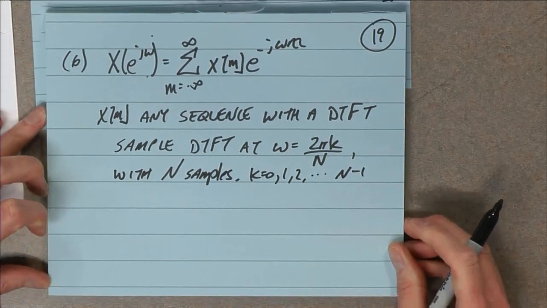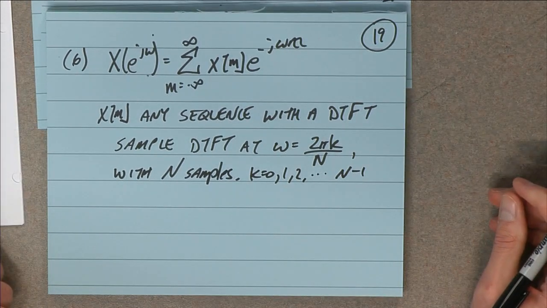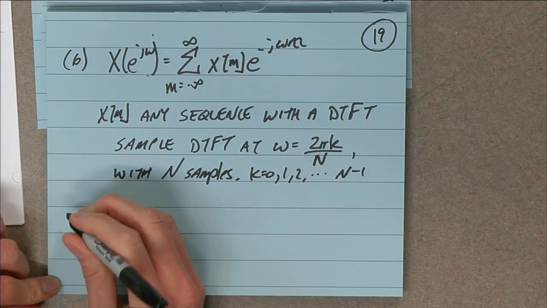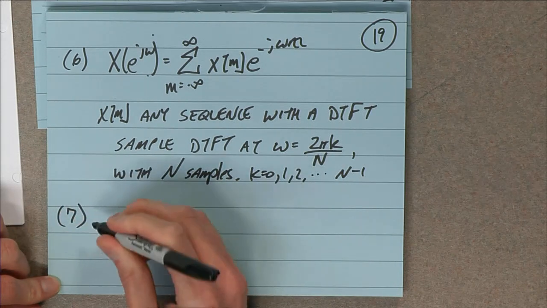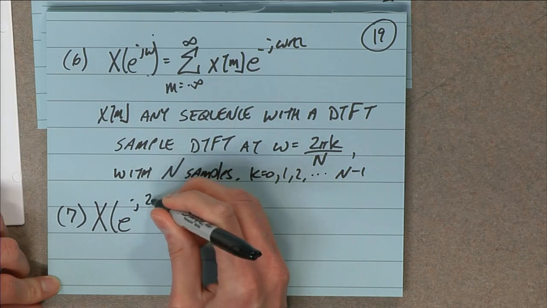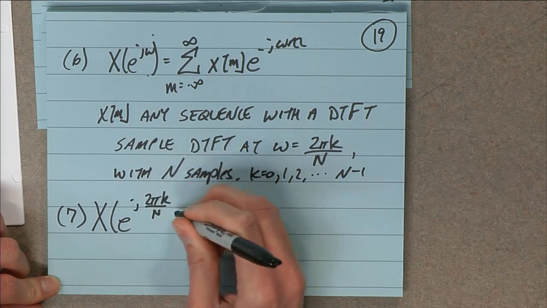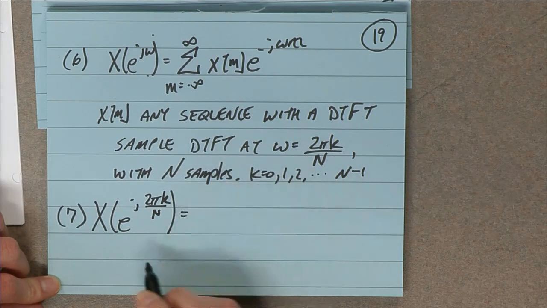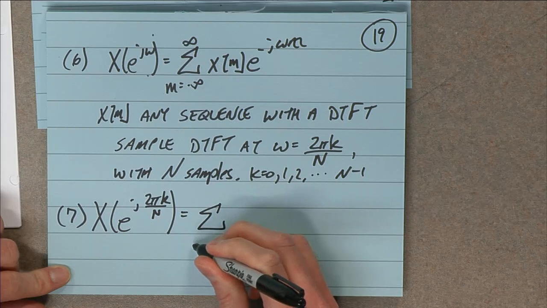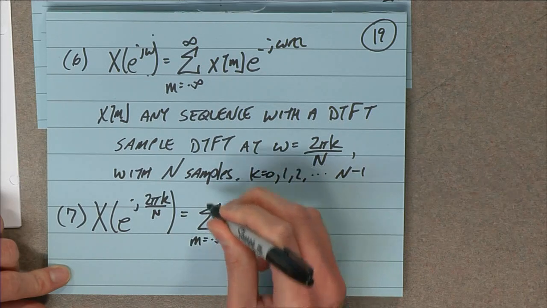Kind of what you might think. We're going to take N samples of the DTFT spaced that way. And so that leaves us with e to the j 2 pi k over cap N. So those are our samples of the DTFT, which is equal to the summation over m equals minus infinity to infinity.